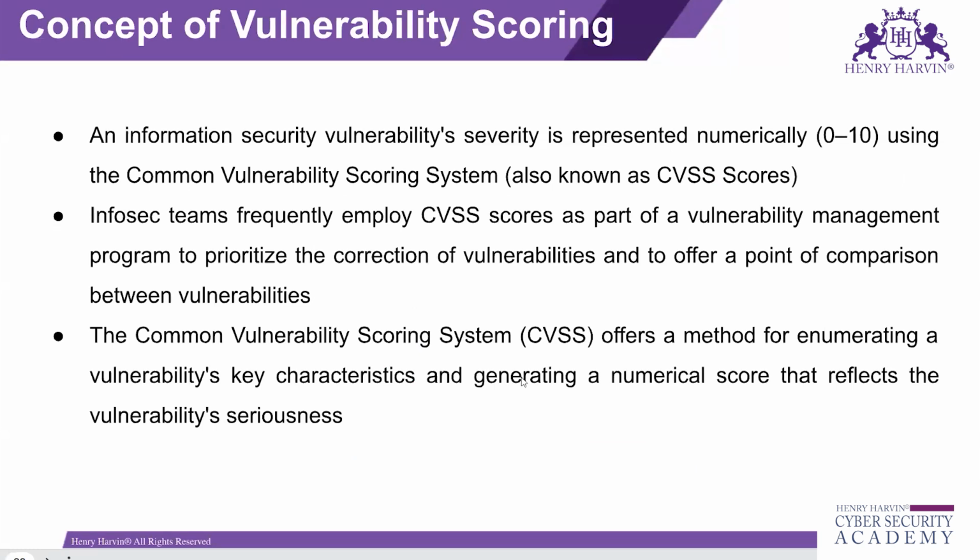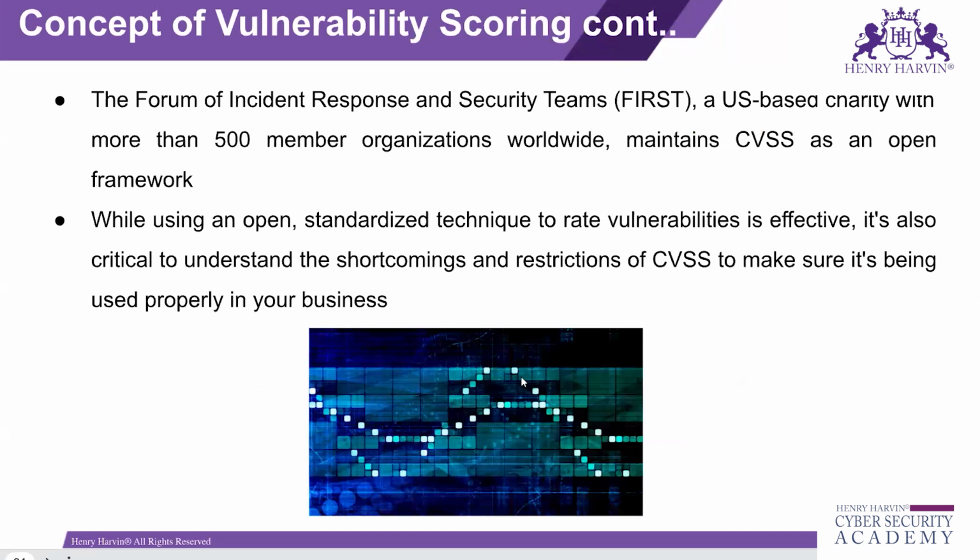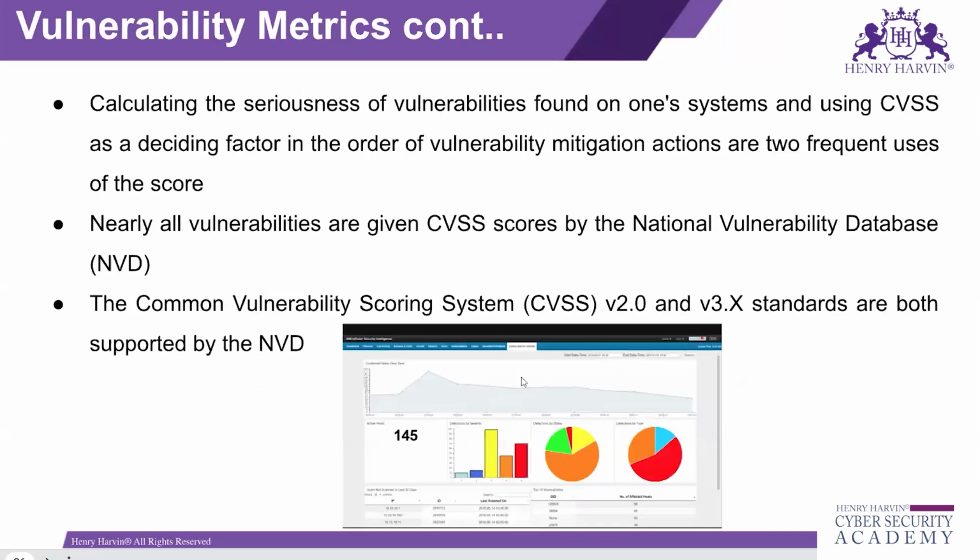The score is from 1 to 10. If the number is 1, the score is low, meaning it's very, very difficult to attempt the attack. If the score is higher, it is more risky.